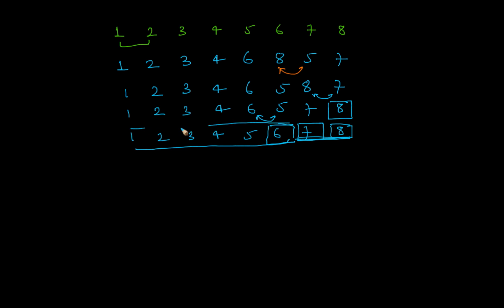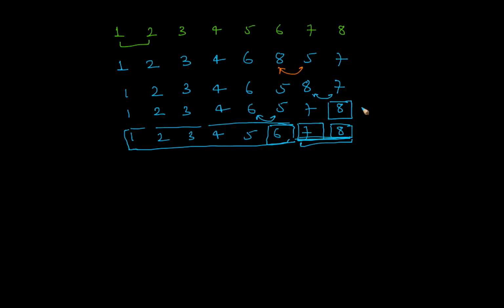See this list, 1 2 3 4 5 6, this is already sorted, but as per bubble sort we actually do the process again on this sublist also. After these two iterations this part was done, and after that there is nothing to do here, but still we do our bubble sort process again and again. It turns out that n minus 1 swaps happen the first time, and n minus 2 swaps happen the second time.